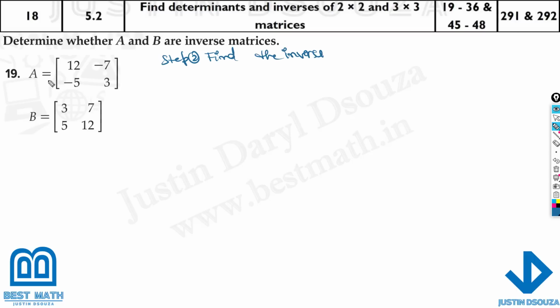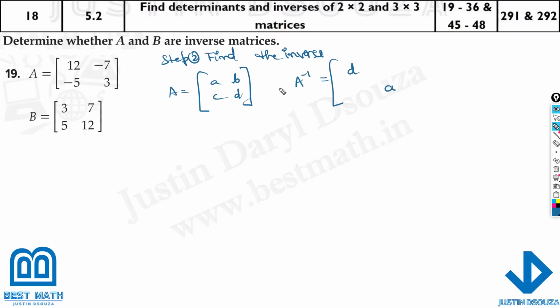It is of matrix A itself, because we found the determinant of A. The formula is given here. If we have [A, B; C, D], the inverse, A inverse, see the symbol, A raised to negative 1, that's the inverse symbol, would be: here they swap.